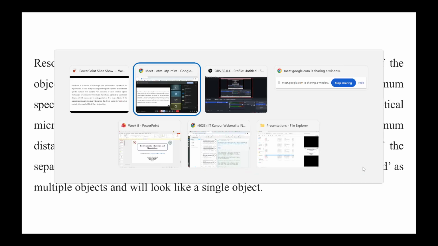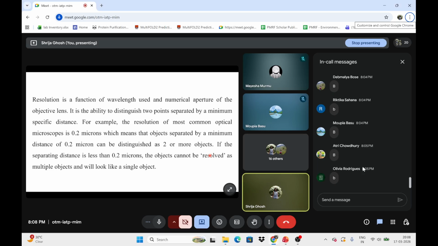Is this clear to everyone? It's a very common term that you must be using in your day-to-day life also, so you should know these things. When you say the resolution is good or bad, you should know what resolution actually means for an image, for a photo.